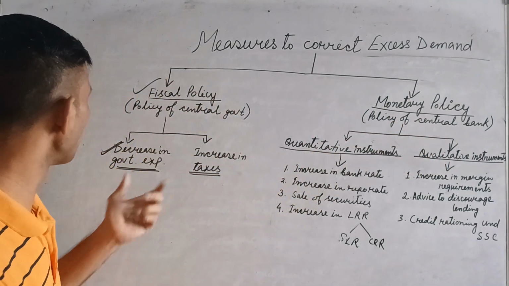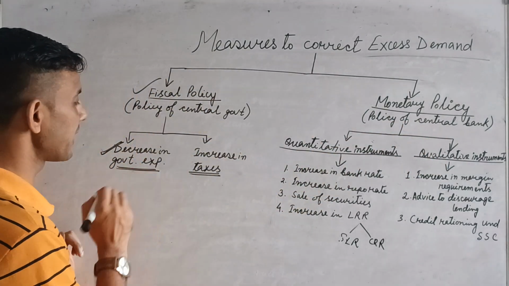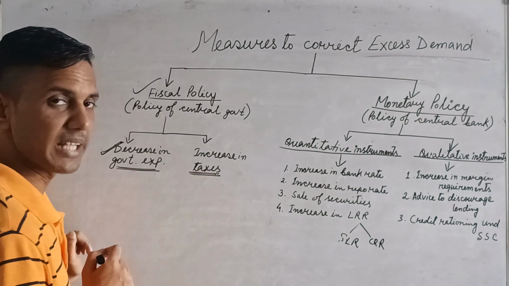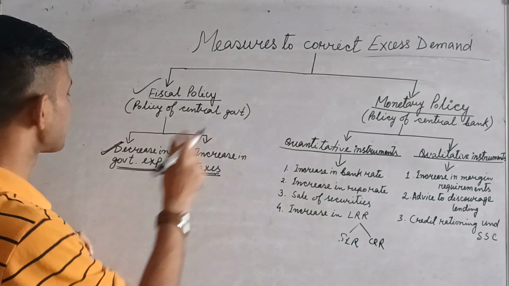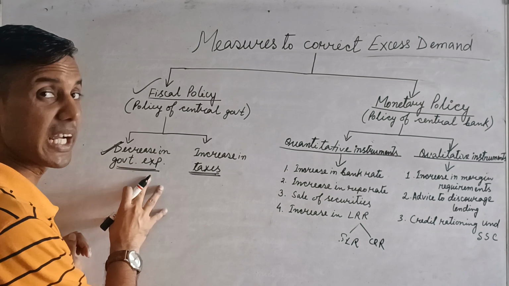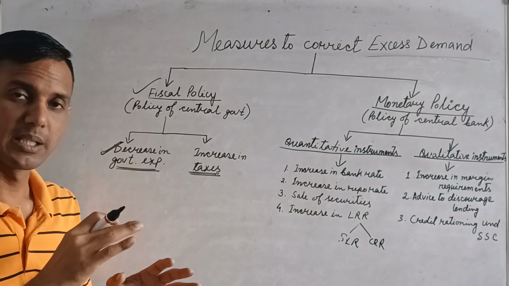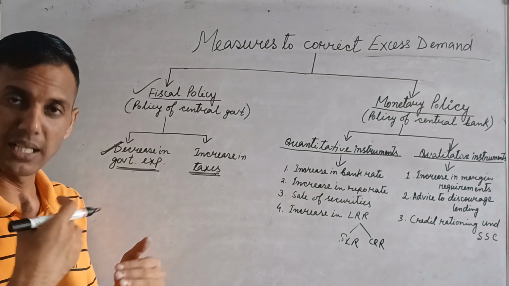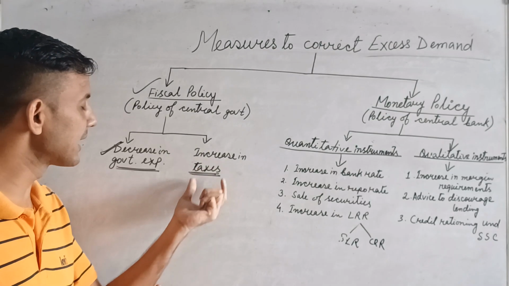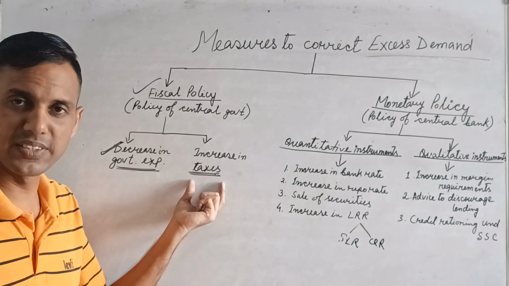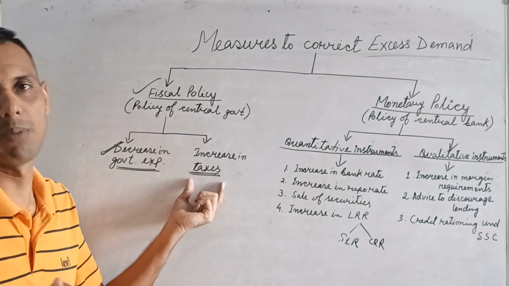In fiscal policy there are two parts: one is government expenditure and another one is tax. When excess demand is there, then decrease in government expenditure so that they can demand less. And increase in tax so that prices increase and people will buy less.